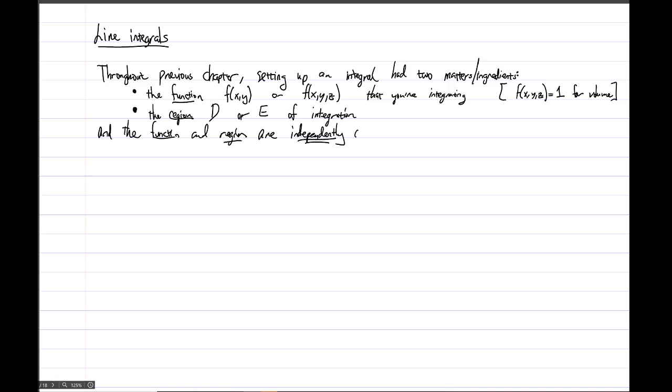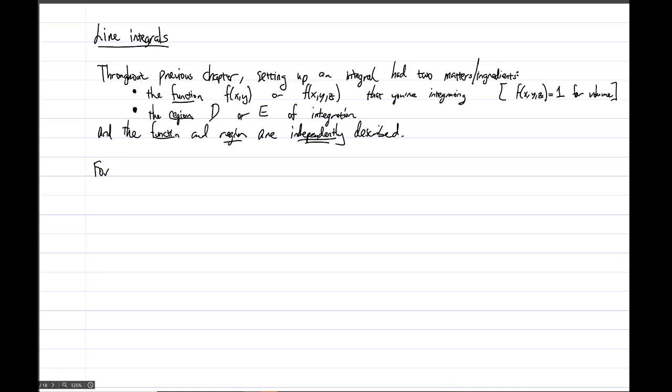What I mean is, it's not like I would give you the function and then you would automatically know the region, or that I would give you the region and that you'd automatically know the function. That's not how it works. Both things need to be provided if you need to do an integral problem. If I left out one of the two pieces and asked you to do something on a quiz or exam, you would have to complain and say, you didn't give us enough information, right?